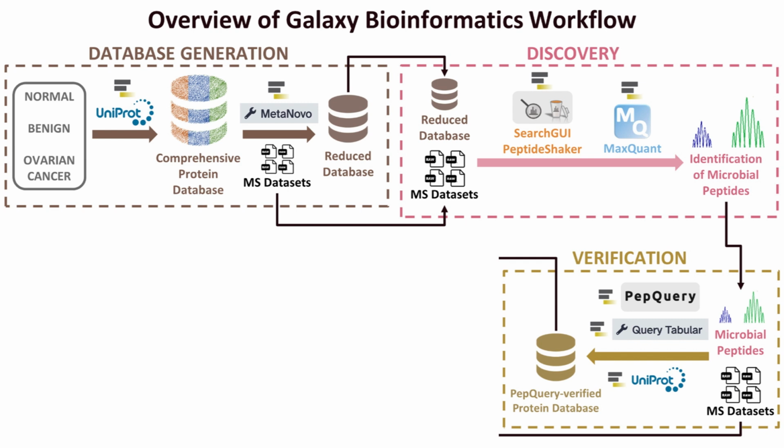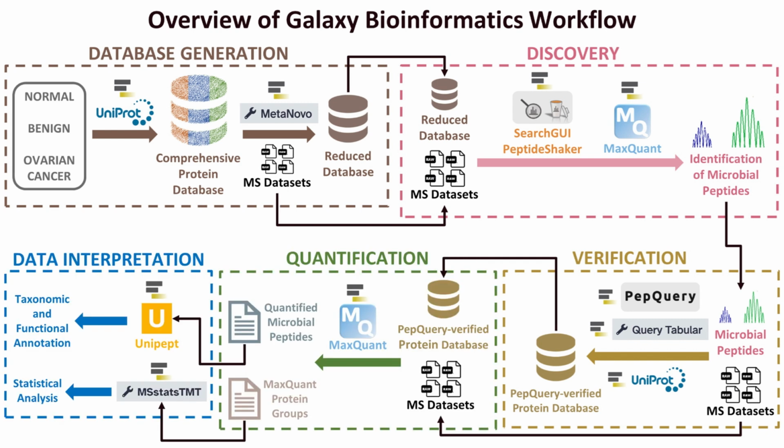To do this, we will put these accession numbers into the UniProt tool, which will generate a database of protein sequences associated with our verified peptides. This verified database will help us reduce false positives when we quantify our peptides and proteins in the next module.